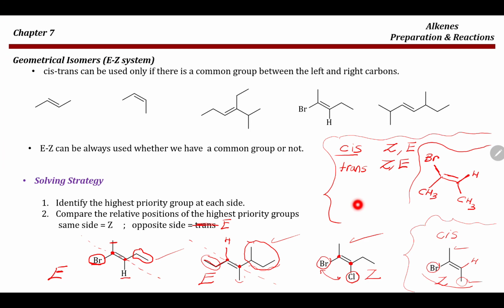You would say that, starting with the common group, we have a common group between left and right, and this common group is on the same side, so this is cis. However, if I said use the EZ system, then choosing the highest priority group, on the right side it is CH3. On the left side, it's Br. Now look at the highest priority groups. One of them is below the double bond, the other one is above the double bond. So this is E. So what I'm trying to say here is that cis and trans, E and Z, are different. A cis could be Z or E, and a trans could be Z or E. It's not necessary to have cis always being Z and trans always being E.